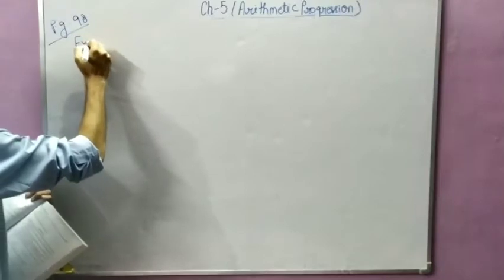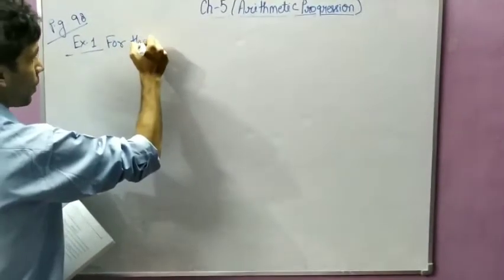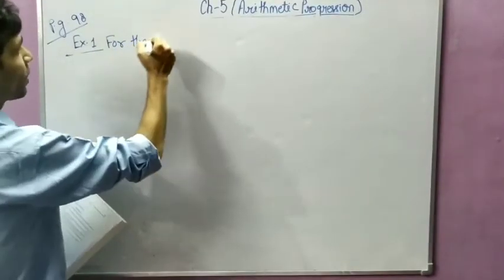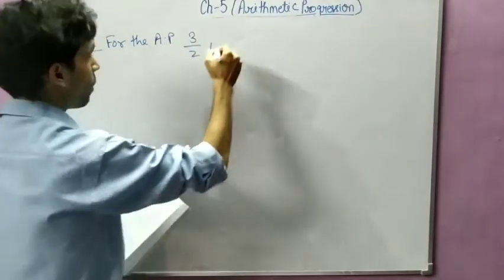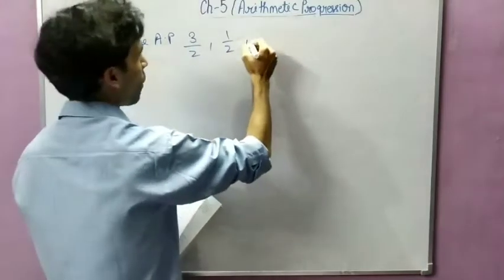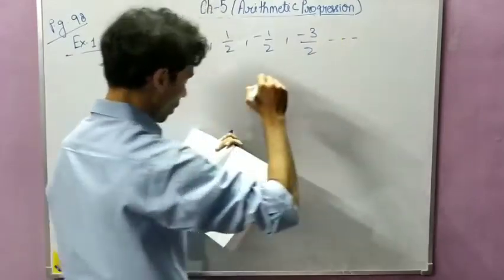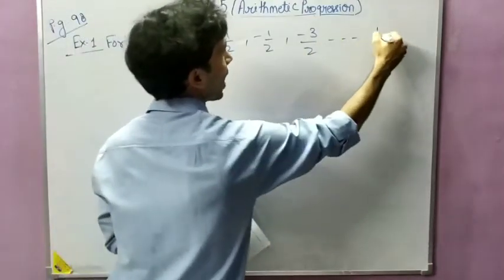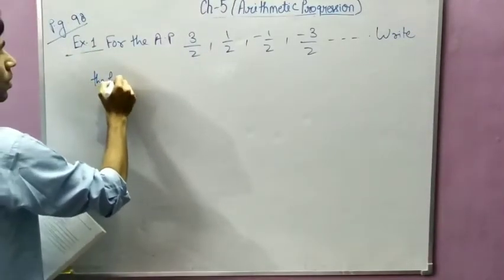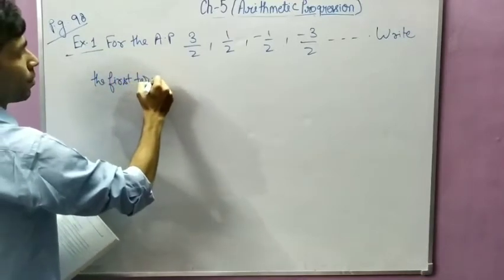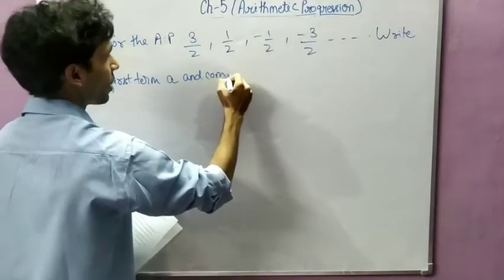Example number 1: for the AP 3/2, 1/2, minus 1/2, minus 3/2, and so on, write the first term a and the common difference.